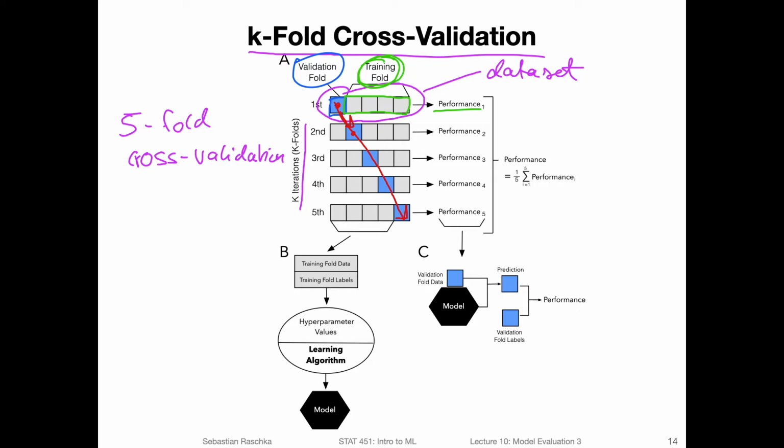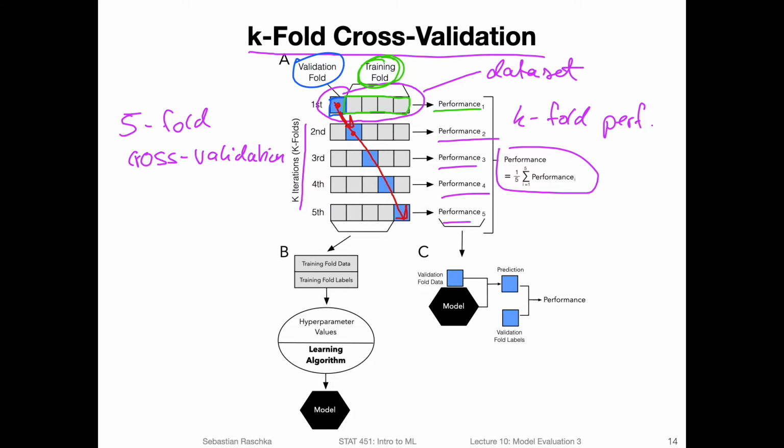For each iteration, you compute the performance. If you have 5-fold cross-validation, you will end up with 5 performance measures. And then usually what people do when they report the k-fold performance is they average over all these estimates from each round. So you're just averaging over the 5 performance values.